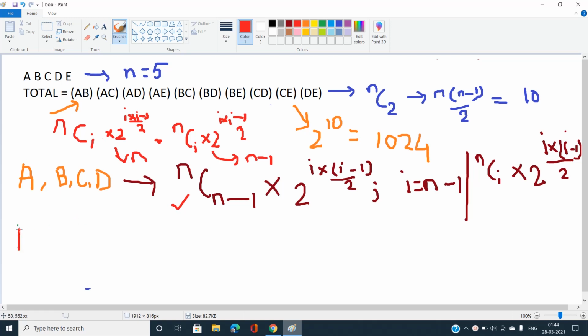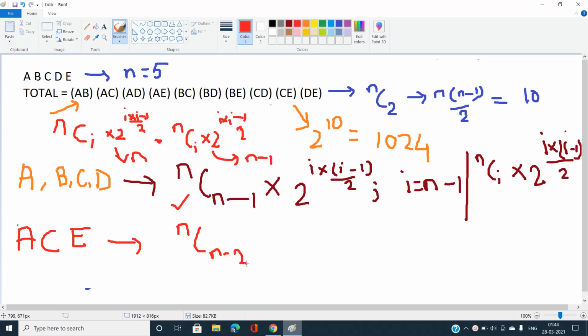Let's say I am going to choose A, C and E. If I select A, C and E, we can select any 3, that is, we are going to select n minus 2 elements.